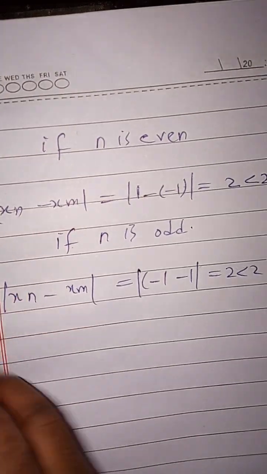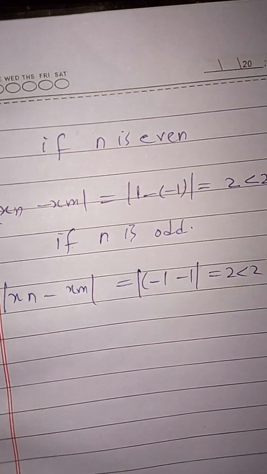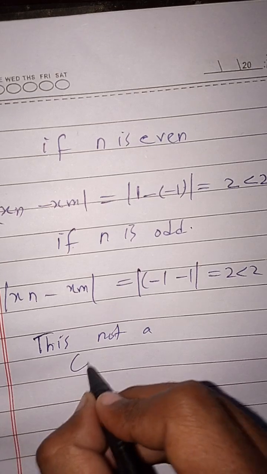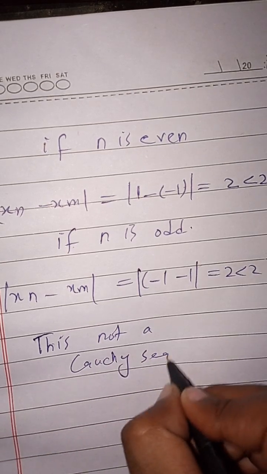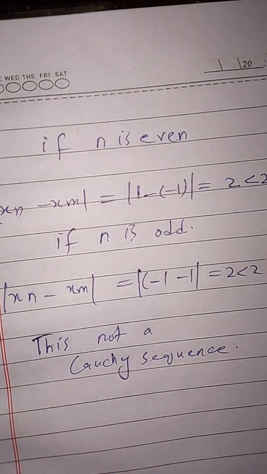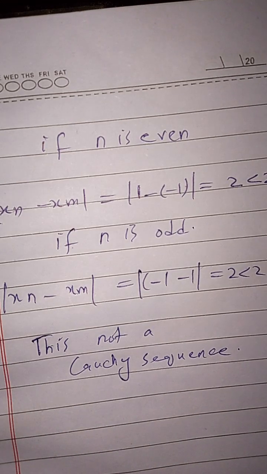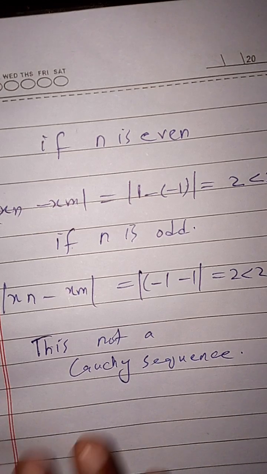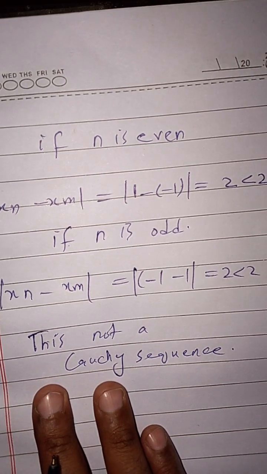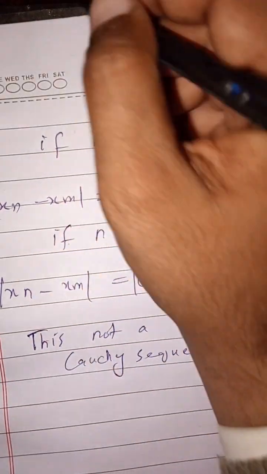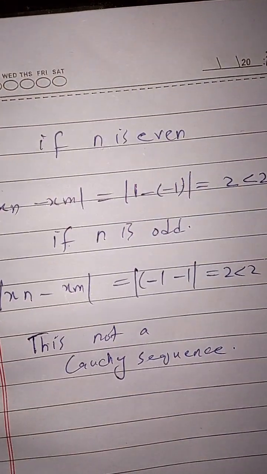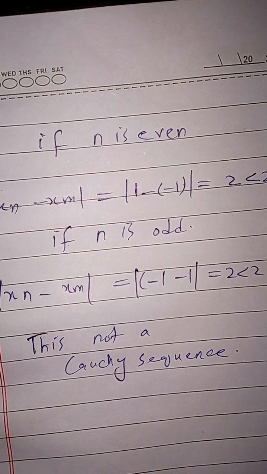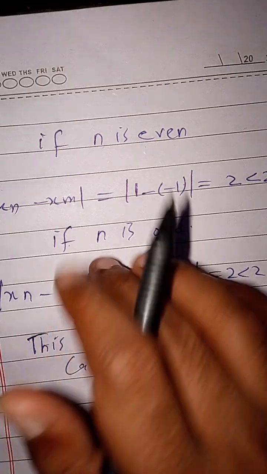So this is not a Cauchy sequence, and we have proved it like that. We can also get a hint about why it is not Cauchy, because we recently studied the theorem that it is not convergent.